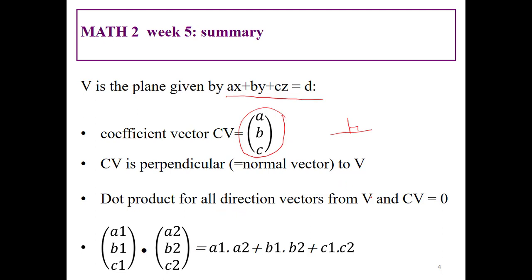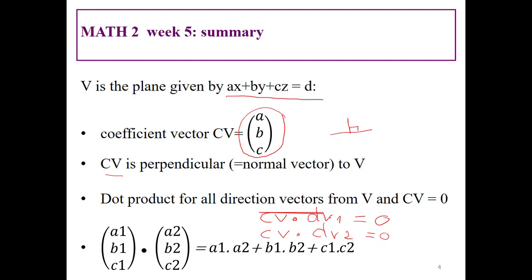Then we know that the dot product of the vectors is 0. So in this case, if we have a coefficient vector and we have a direction vector, then the dot product of CV and direction vector 1 would be 0, and also CV and direction vector 2 will be 0.